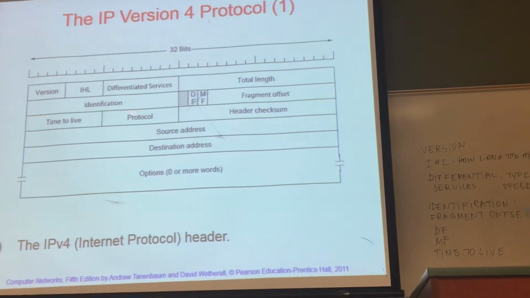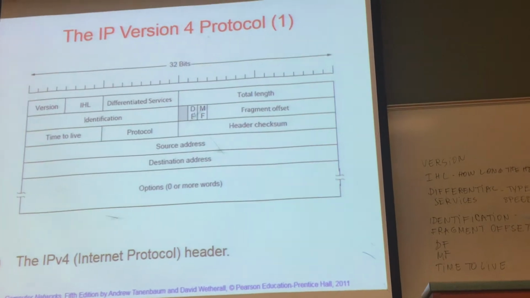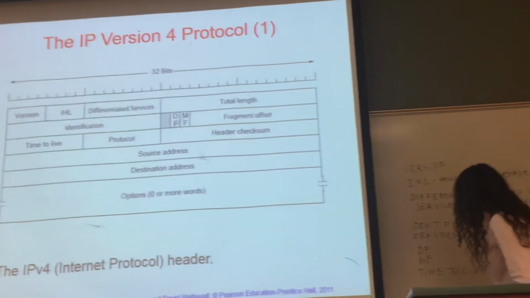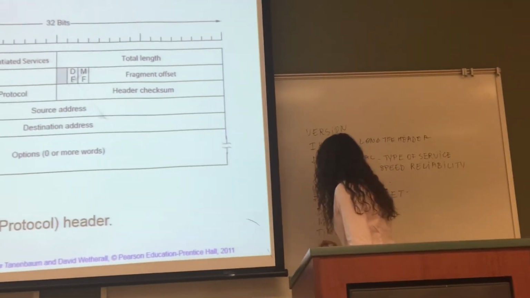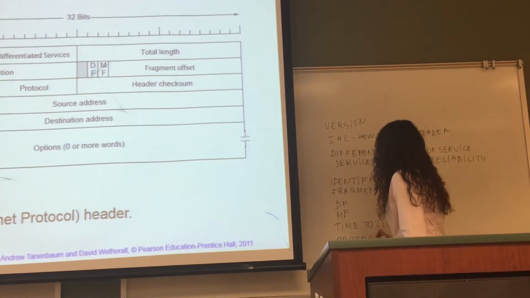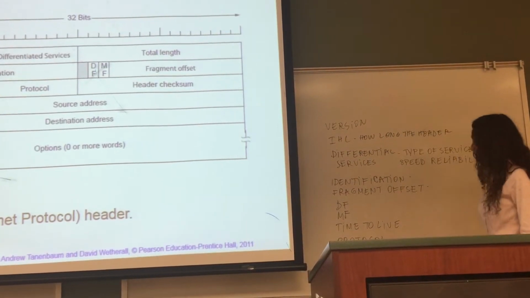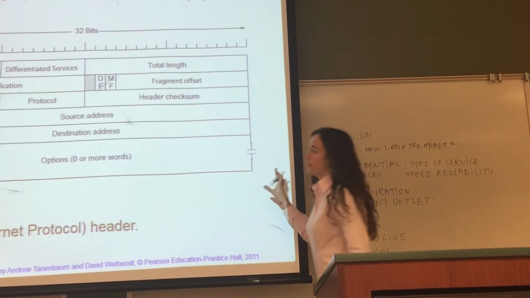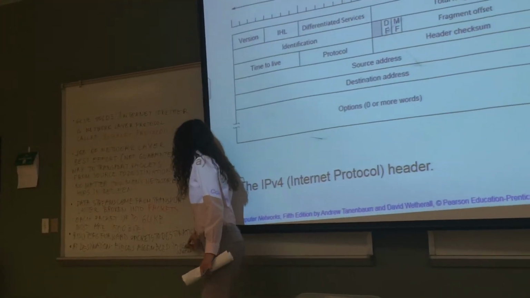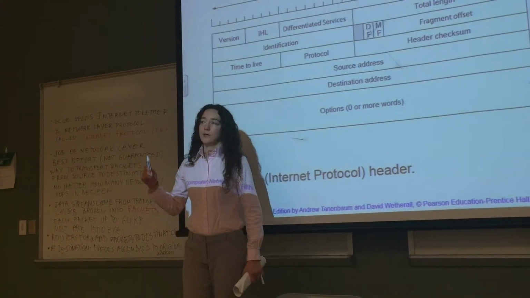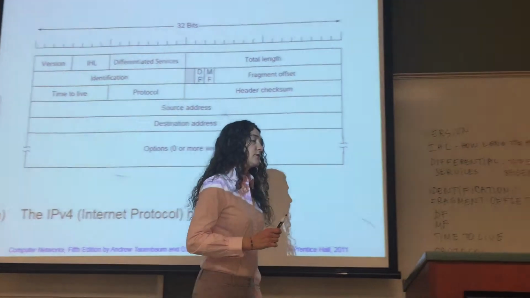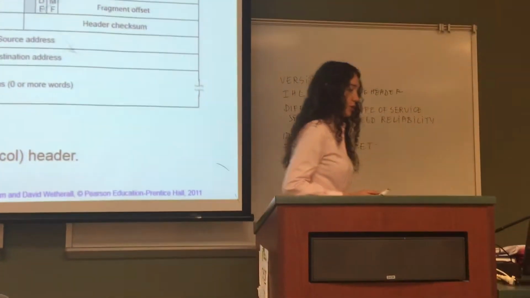Next we have protocol. Remember that the job of the network layer is to provide service to the transport layer. Once this packet is received at the destination machine and the pieces are assembled together, it is given up to the transport layer on the receiving machine.